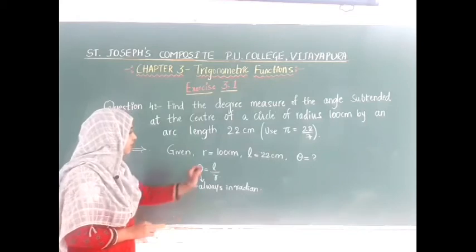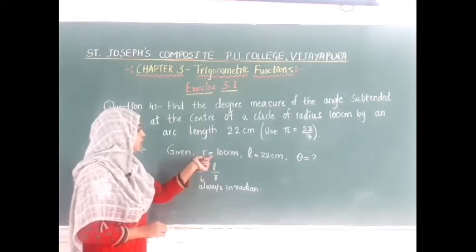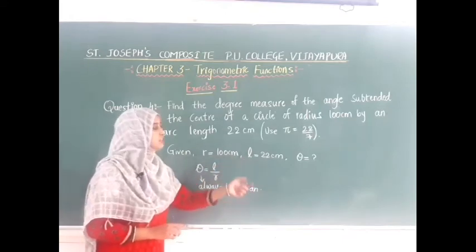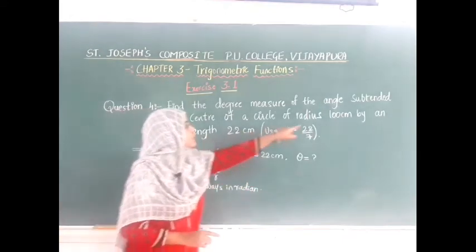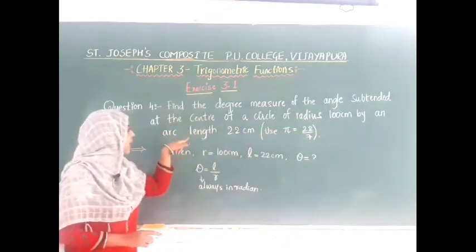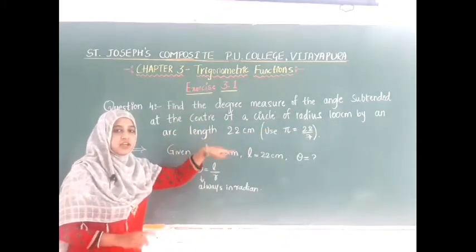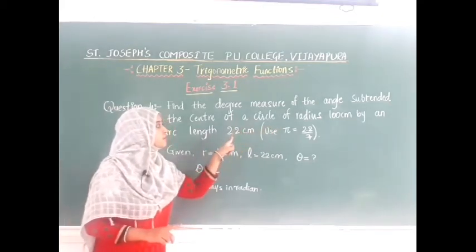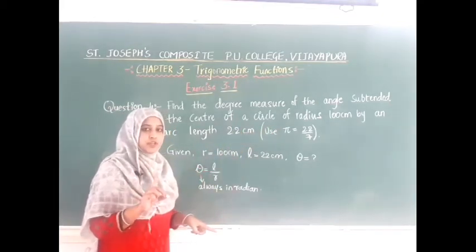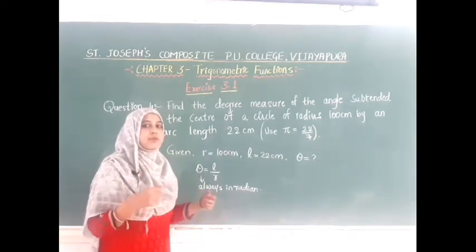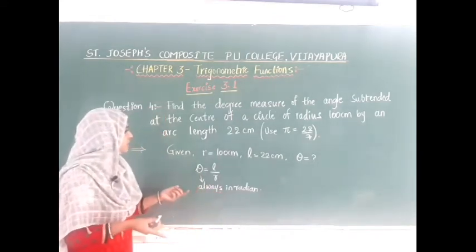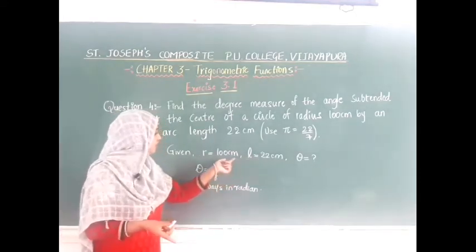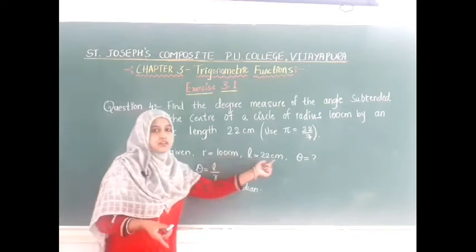And one more thing, the units of L and R must be the same. Suppose in a question R is in meter and arc length is in centimeter, at that time you have to convert both to one unit, either centimeter or meter. But here there is no need to convert because R and L are already given in centimeter.